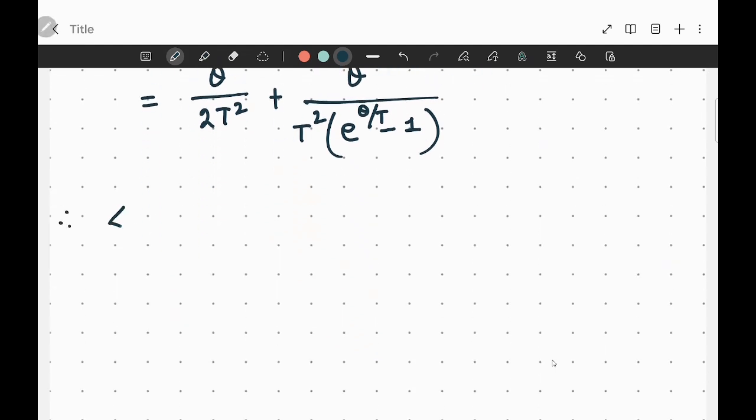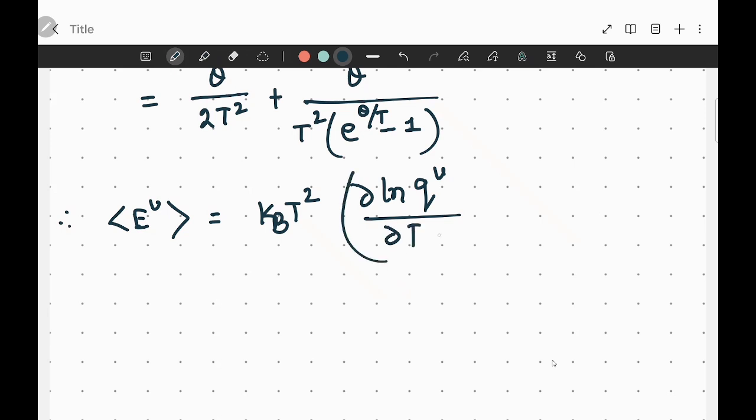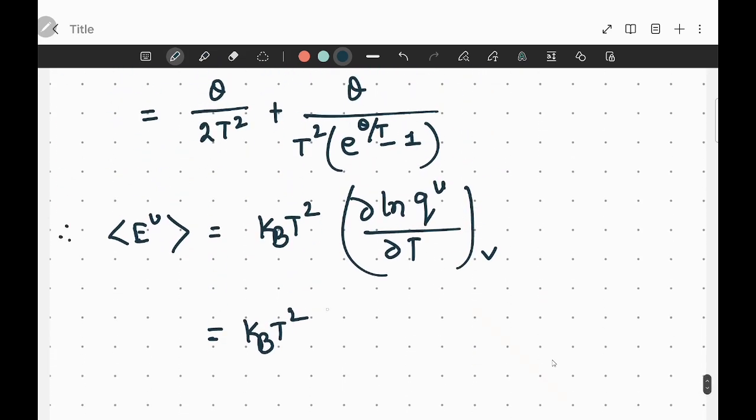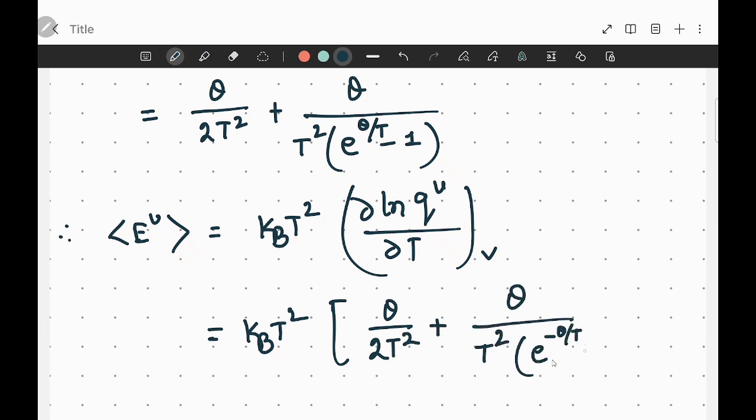So the average internal energy is kb t square dl. So kb t square into this whole term, that is theta by 2t square plus theta by t square e to the power minus theta by t, not minus, plus 1.